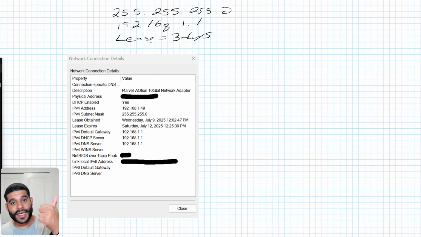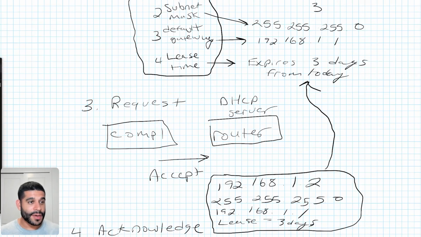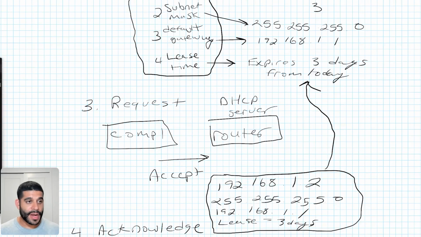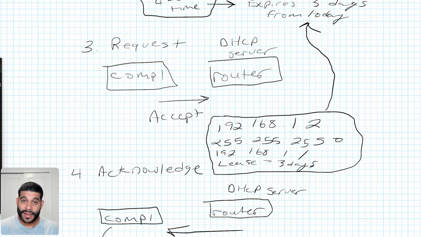So what do we have? Wednesday, Thursday, Friday, Saturday. So our lease time, instead of actually 3 days like I put in the example, it's actually 4 days. In real world, this is a real world screenshot. So again, if we go back up here now, once we get this offer, the computer actually sends an accept and says, hey, I'll accept the IP address, which is exactly what it accepted, right? And it was 49.